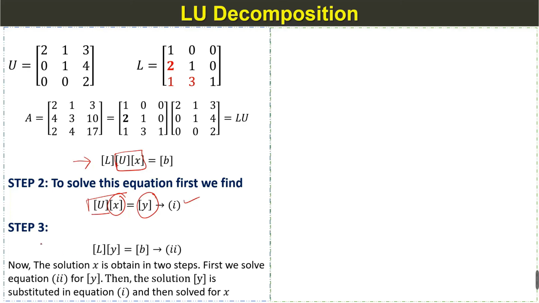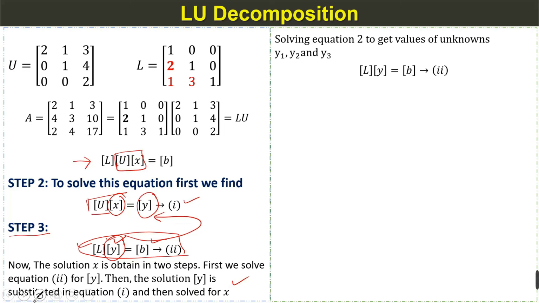In step 3 we have the lower triangular matrix times the column matrix Y equal to B. First we solve this equation and find the values of Y, which we then substitute in equation 1 to find the values of X. So here we solve equation 2 to get the unknowns Y1, Y2 and Y3. This is the column matrix.